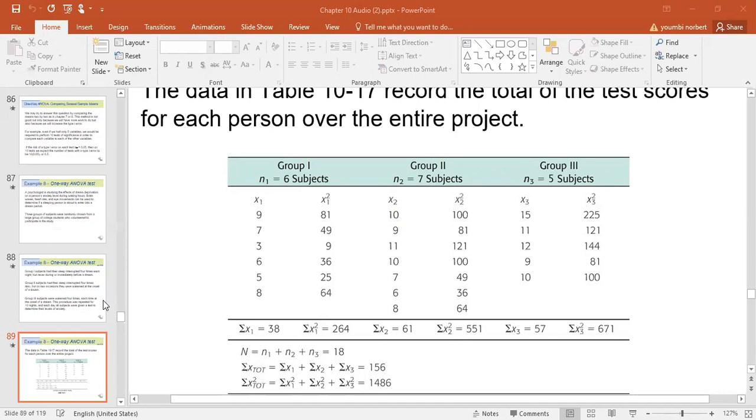Column A is X1, B is X2, C is X3. So skip x1 squared.